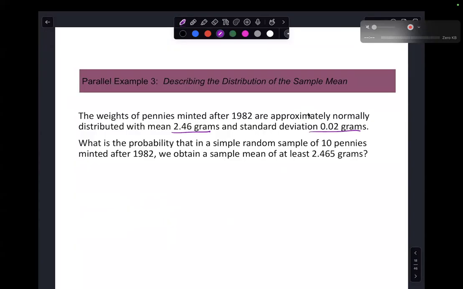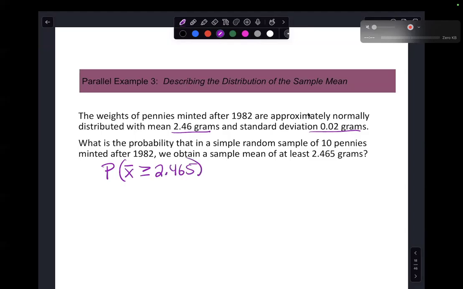We want to know the probability a simple random sample of 10 pennies minted after 1982 would have a sample mean of at least 2.465 grams. So we're looking for the probability that we will have an X bar greater than or equal to 2.465.